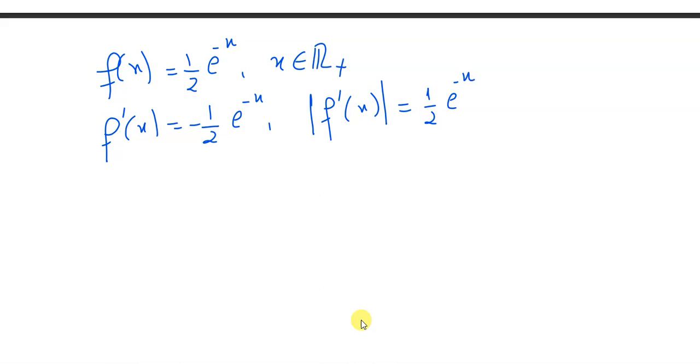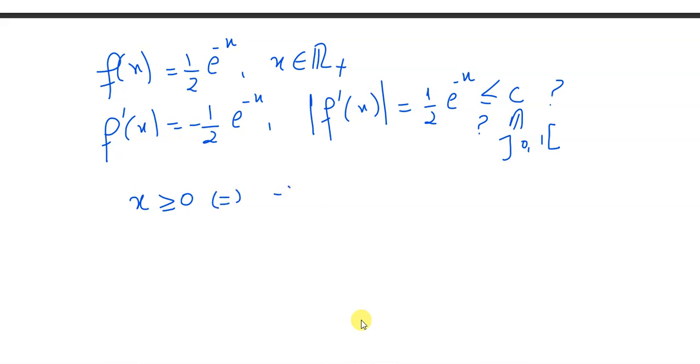Here we want to find c that belongs to (0, 1), such that the absolute value of f prime is less than the value c. So let's try to find this value. First I will start from x superior or equal to 0.